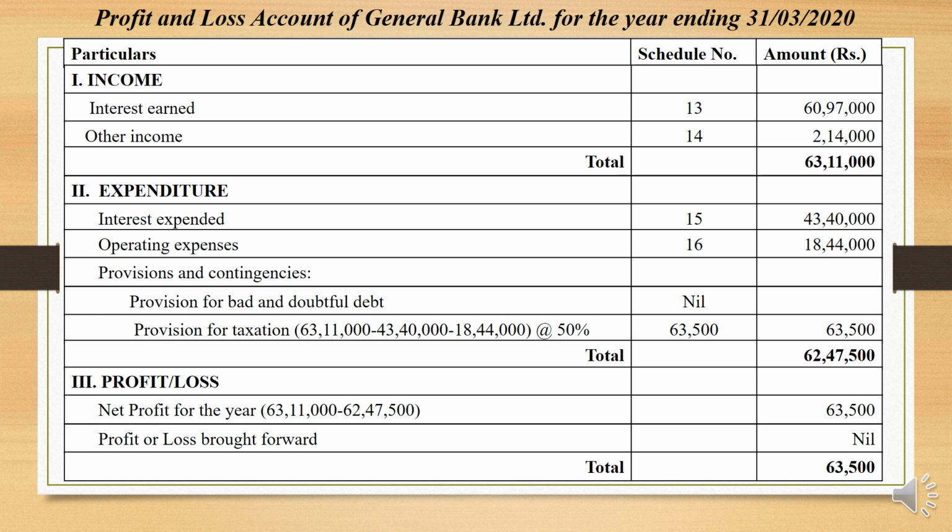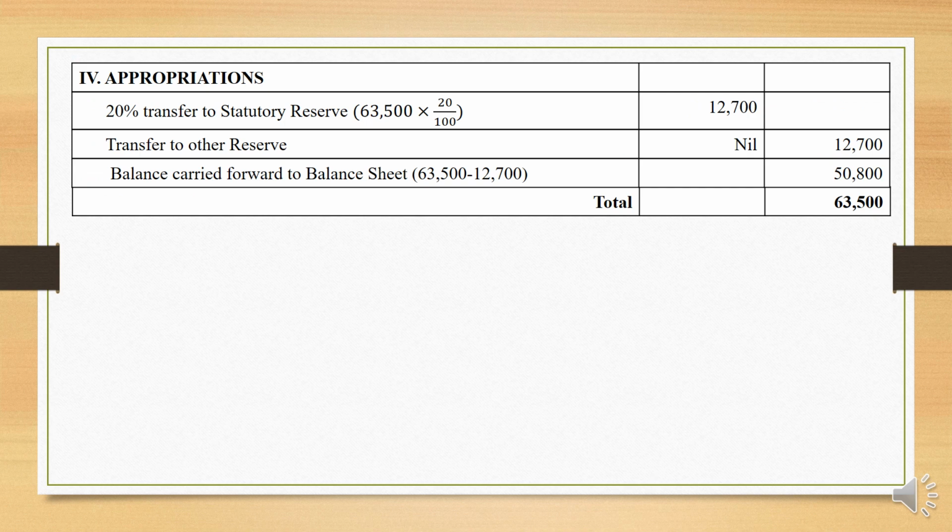Last year's profit is not given, so therefore it is nil. So therefore the total profit is 63,500. Now appropriations, as we all know, 20% is compulsorily transferred to the statutory reserve, so that is transferred here, 12,700, and the remaining profit out of 63,500 is 50,800, so therefore the total is 63,500.